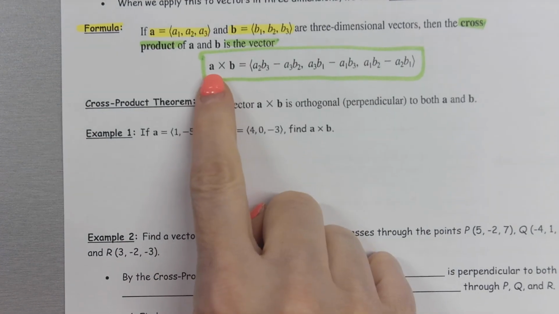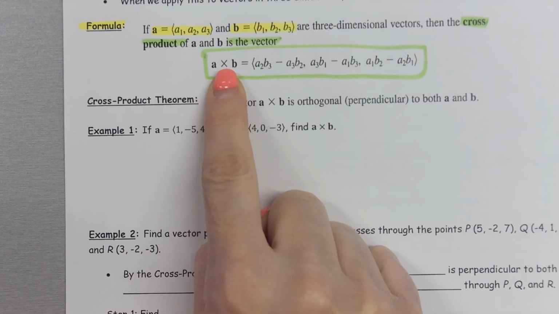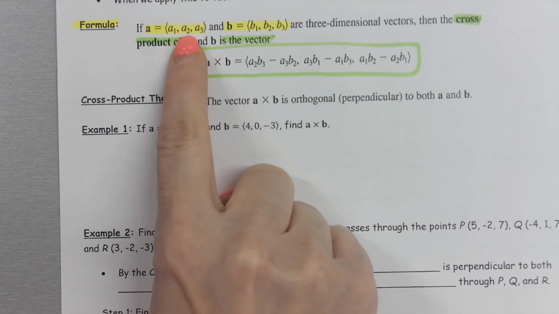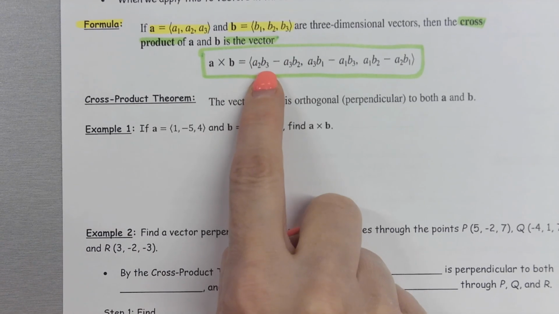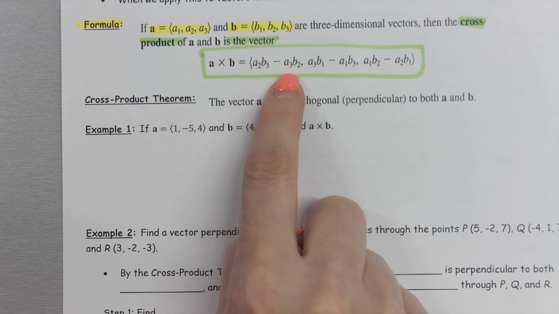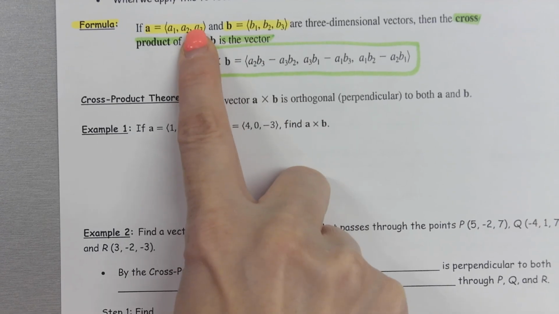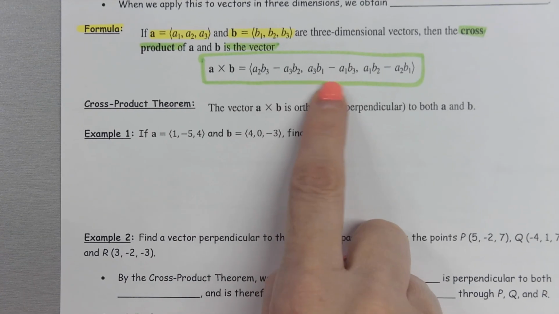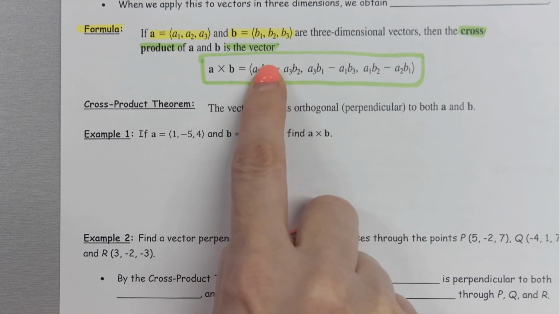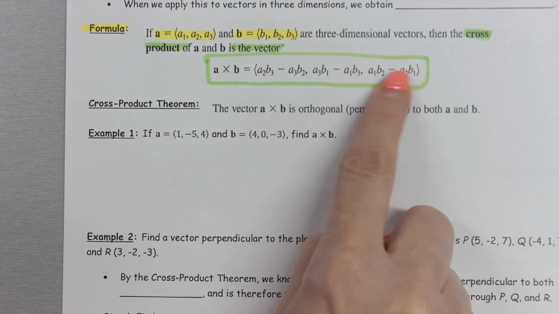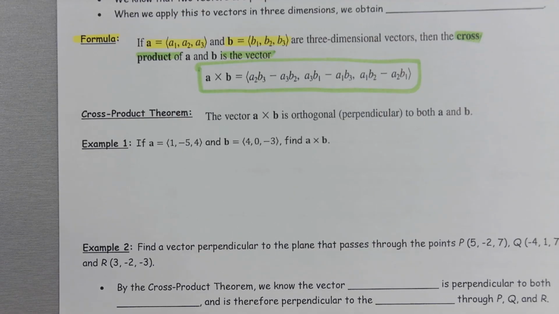So this is our notation for the cross product, and then you take the second component of A times the third component of B, subtract A sub 3 times B sub 2. Okay, so this becomes your first component of the cross product, then the second component, and the third component.